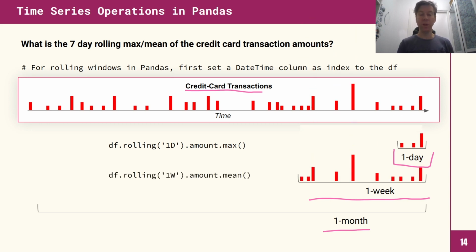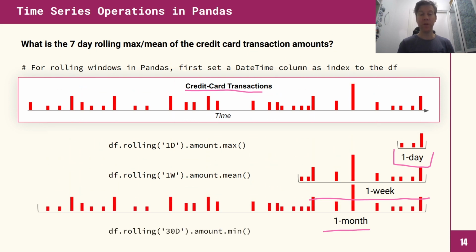And for a week, we can use a different aggregation. Here we're going to use the mean. So for all of the given credit card transactions in that 1 week period, what was the mean value or average value? And then finally for the month, we can say, well, what was the minimum spend of all the transactions within that credit card for that 30-day period of time.